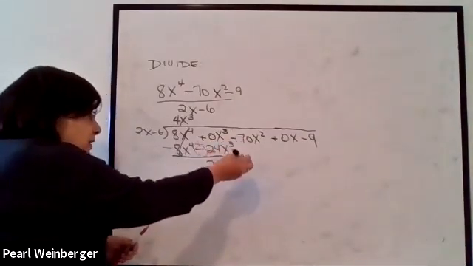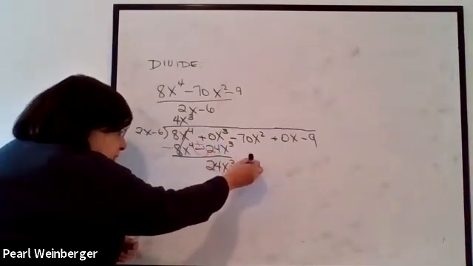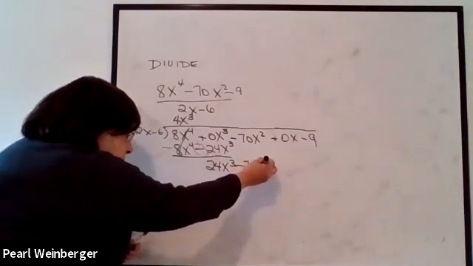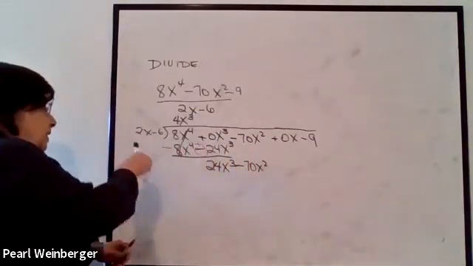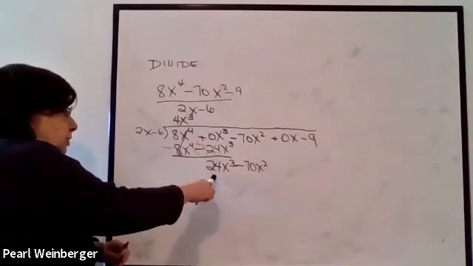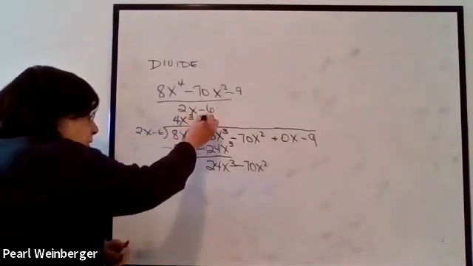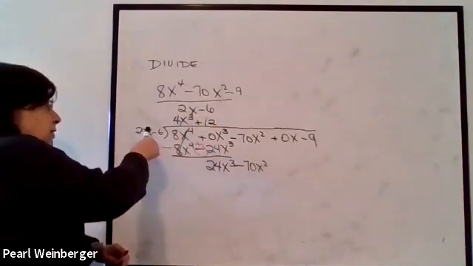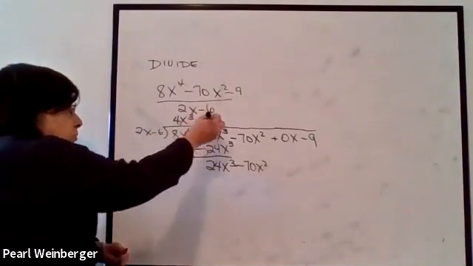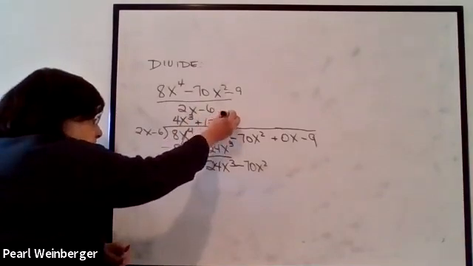And I bring down the next term, which is negative 70x squared. And I now start my dividing again. 2x into 24x cubed. So 2 into 24 is 12. And subtracting the exponents, 3 minus 1 is 2. So this becomes 12x squared.